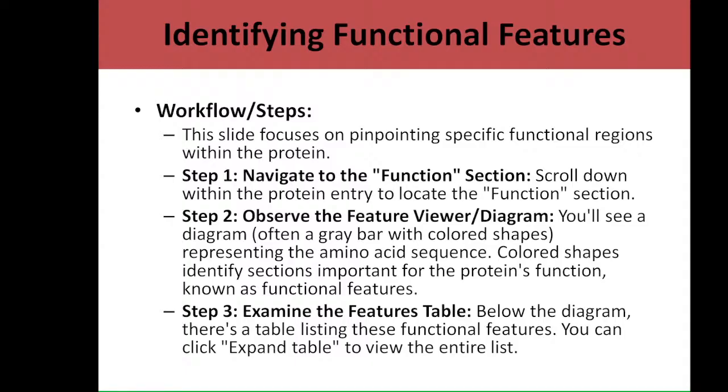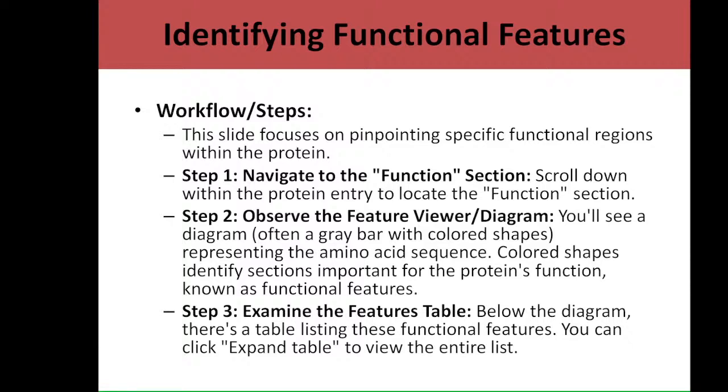Just click on the function and observe the feature. You will see a diagram, often a gray bar with colored shapes representing the amino acid sequence. The colored shapes identify sections important for the protein function, known as functional features.